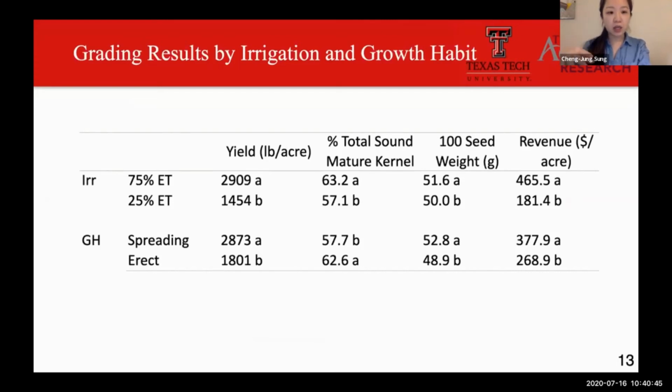For the lower part, the growth habits, we noticed that except the shell out rate, the percentage of TSMK, all others showed significantly higher results for the spreading type compared to the erect type. But this one that I circled in red is reversed, where the erect type has a significantly higher percent TSMK compared to the spreading type.